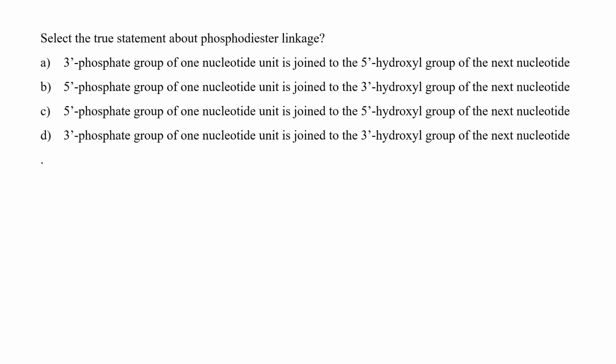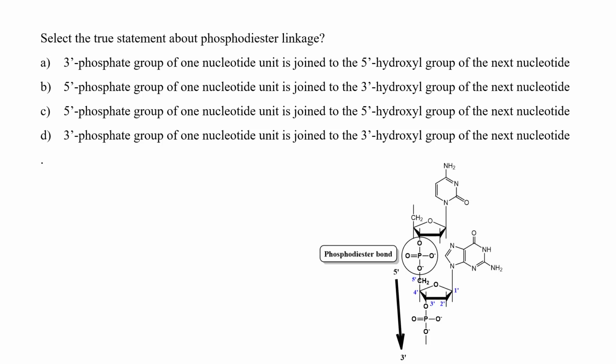Phosphodiester linkage is created when the 5' end of one nucleotide having a phosphate group reacts with the 3' hydroxyl of another nucleotide which is a part of the existing strand. So here option B has to be the correct answer.